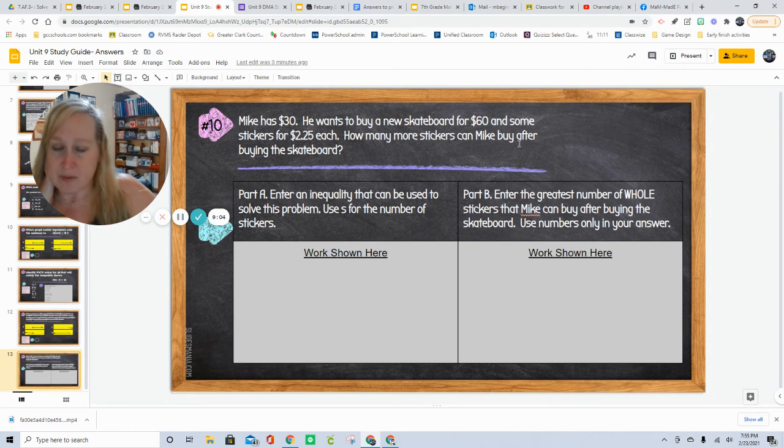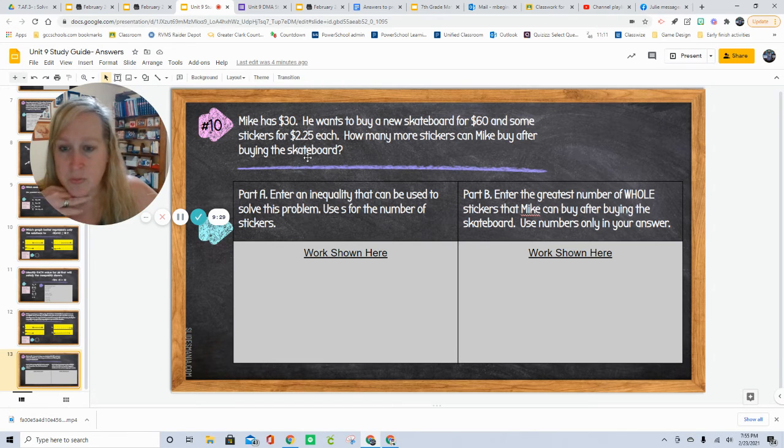How many more stickers can Mike buy after buying the skateboard? So we're going to enter an inequality that can be used to solve this problem. Use S for the number of stickers. I'm going to say to you that sometimes you won't be able to come up with the inequality. That's the goal. But if you are unable to come up with the inequality, but you can still do part B and solve it, that gives you partial credit.